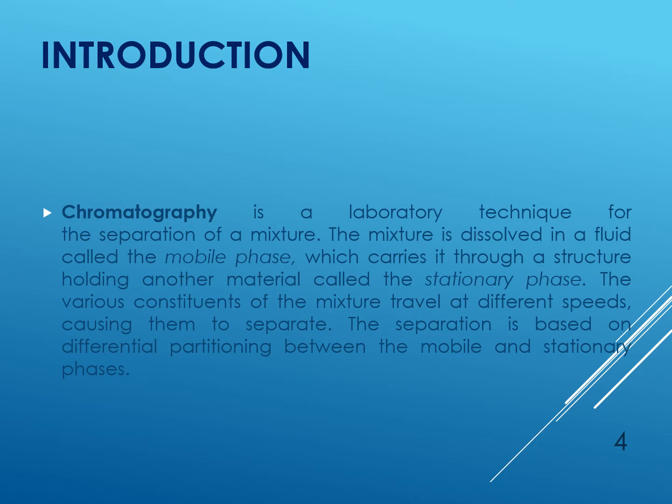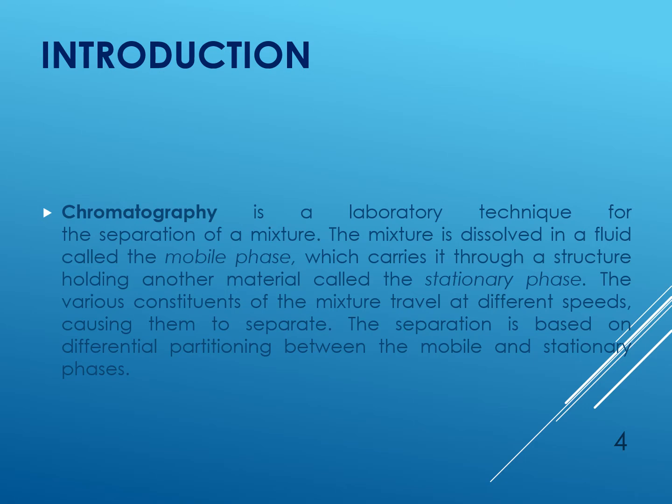So basically we have discussed earlier that mobile phase is the moving phase and stationary phase is the static phase. Like stationary phase is spread over the sheet of the plate, like in thin layer chromatography. The stationary phase is spread on the layer of a thin plate, which we name thin layer chromatography.